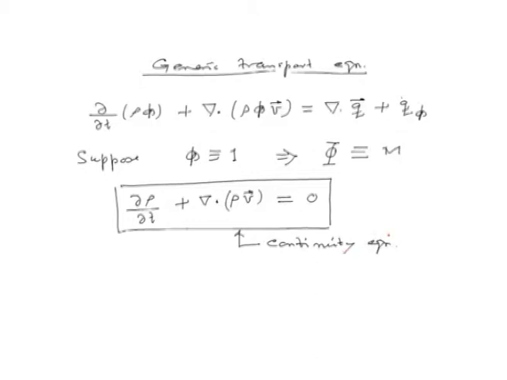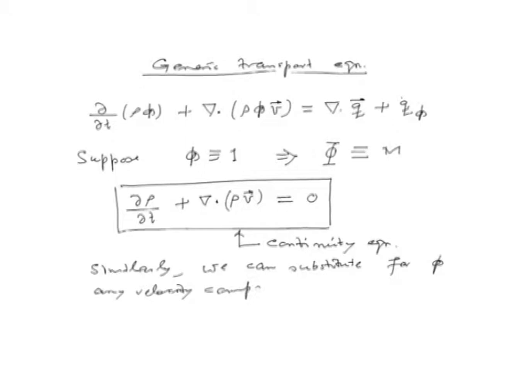Similarly, for small phi we can substitute any velocity component, and this will lead us to an appropriate form of the momentum equation.